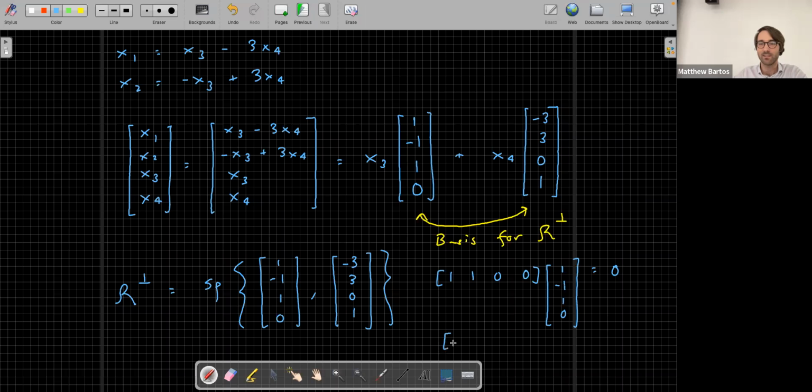Similarly, if we take the inner product of 1, 1, 0, 0 with negative 3, 3, 0, 1, we'll see that it'll also give us 0. Okay, so these two vectors are orthogonal to every element in our original vector set, and they complete a basis for R4. Right. Are there any questions on this process before I move on?